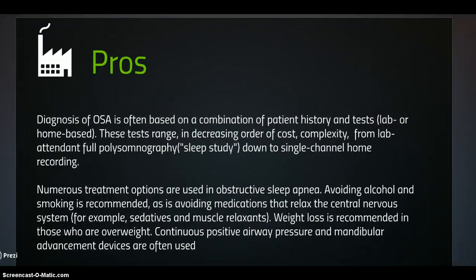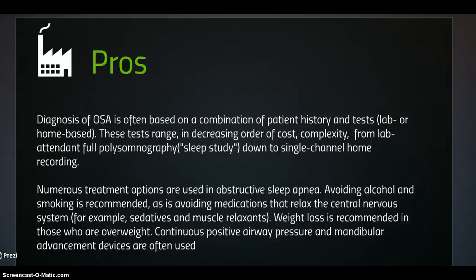Diagnosis of OSA is often based on the combination of patient history and tests. These tests rank in decreasing order of complexity from lab-attended full polysomnographic study of sleep down to single channel home recording.